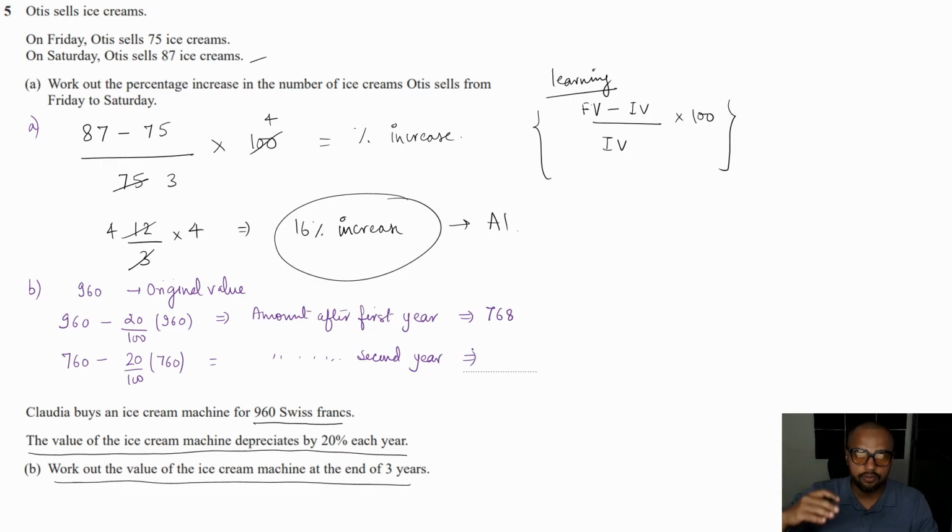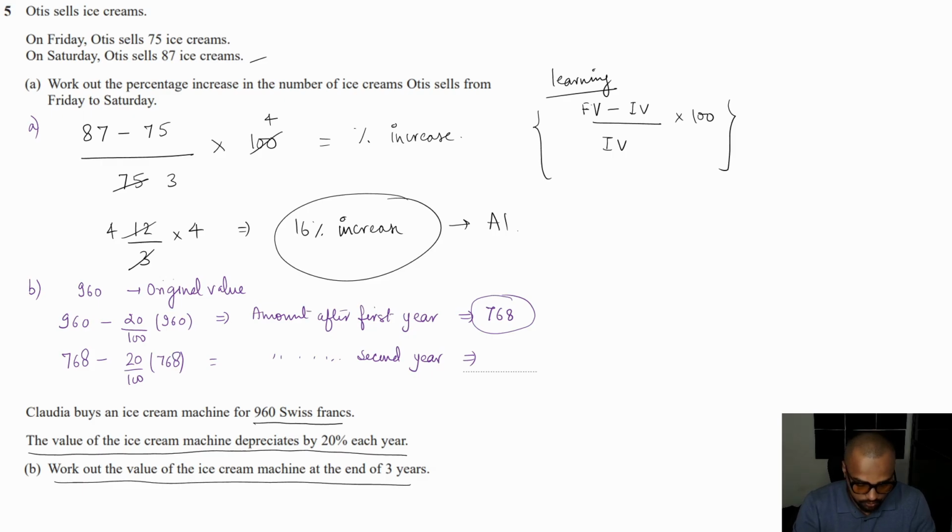For every value, we'll be taking the depreciation of 20%. The value after the first year was 768, so we need to calculate for this value only: 768 minus 20% of 768.